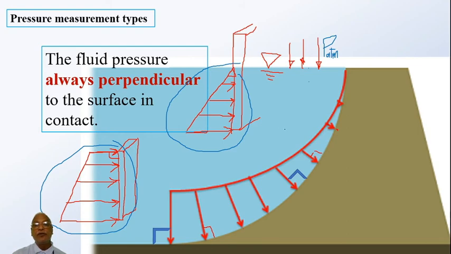Now if you take a point somewhere there which is at an equal depth, what is the pressure intensity? Here also the same pressure intensity as this. If I call it P with a suffix B, indicating that it is the pressure at the bottom, PB.